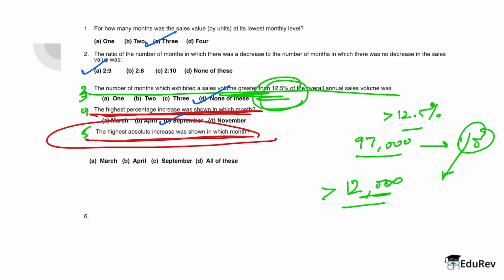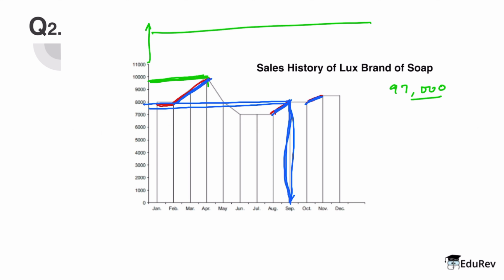Alright, the last question. The highest absolute increase was shown in which month? If I talk about March, April and September, all show an increase of 1000 units, right?